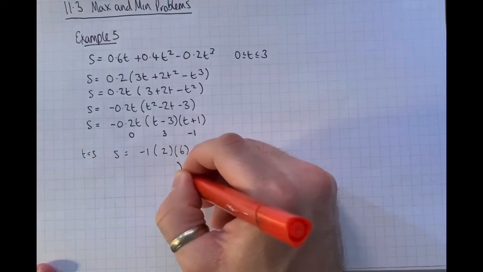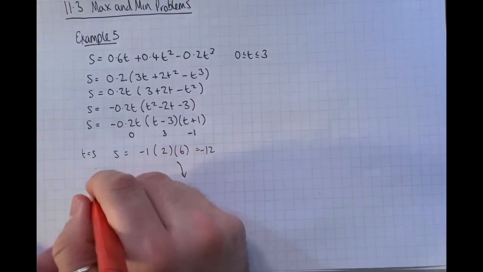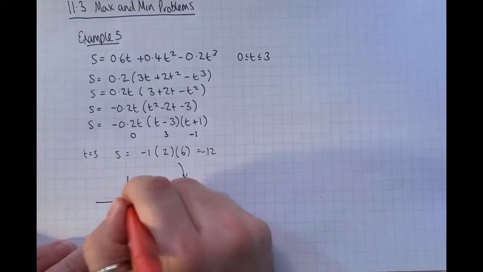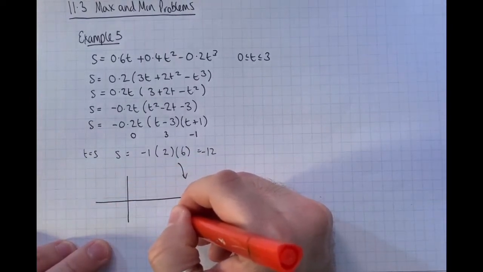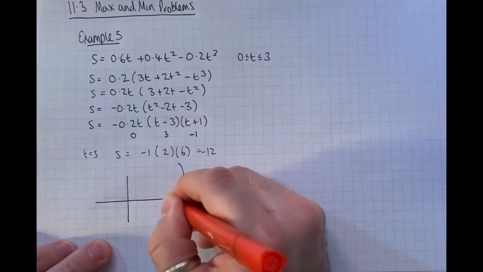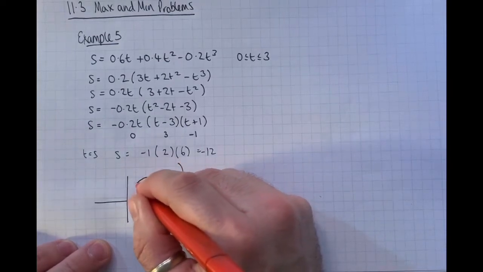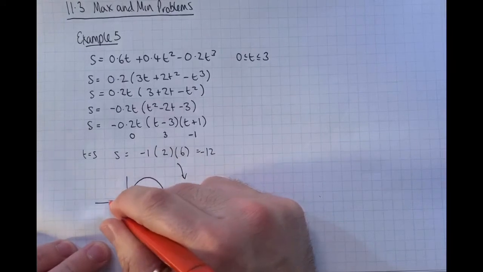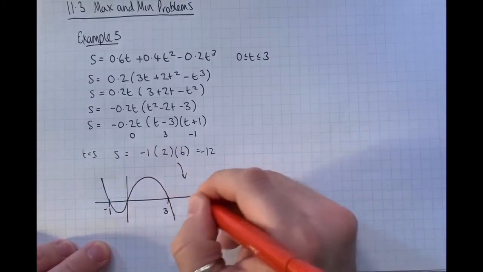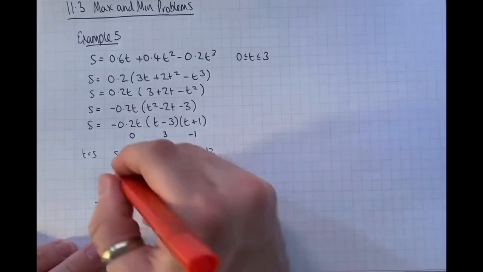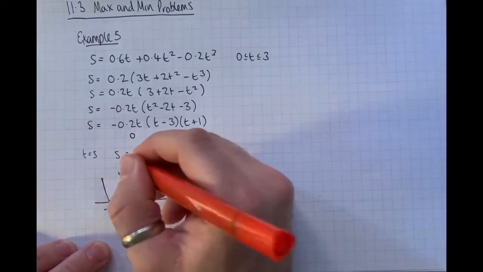So we know the graph's going down. It's going to look something like this: it goes through 3, through 0, and through minus 1. And that's 2, and this is displacement.